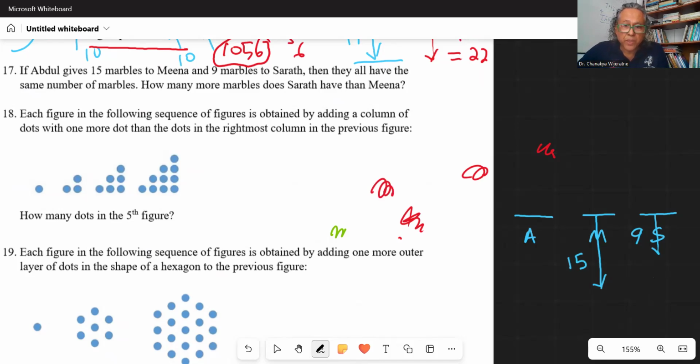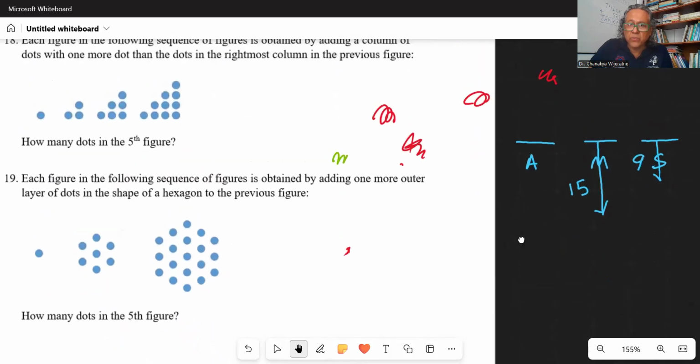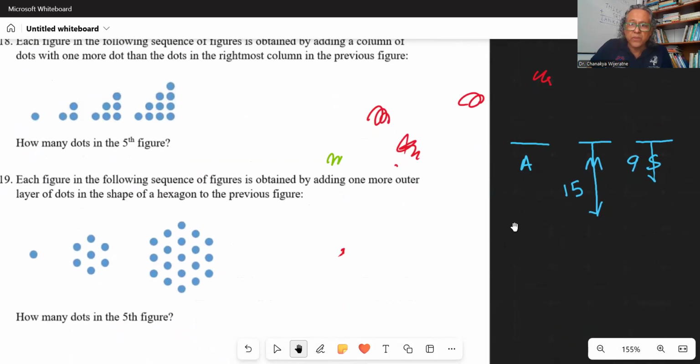Still I can't see my pen. So let's do something else. Move it down. If something is not working, there's another way you can get it to work. You can kick it. All right, now I can see the dot.